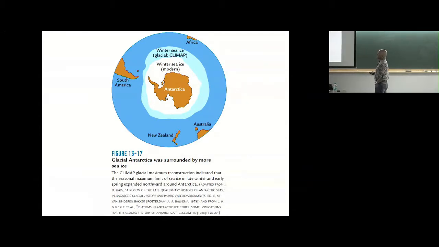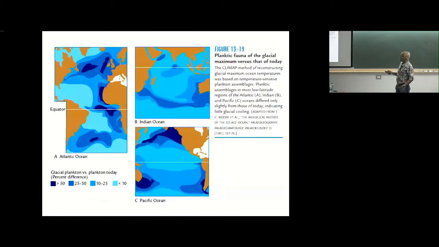But the story gets very complicated because when you have generally colder temperatures globally, what did we say about the amount of rainfall? Will it increase or decrease globally? So globally, there will be a reduction in precipitation, which means generally there is increased dust concentration.